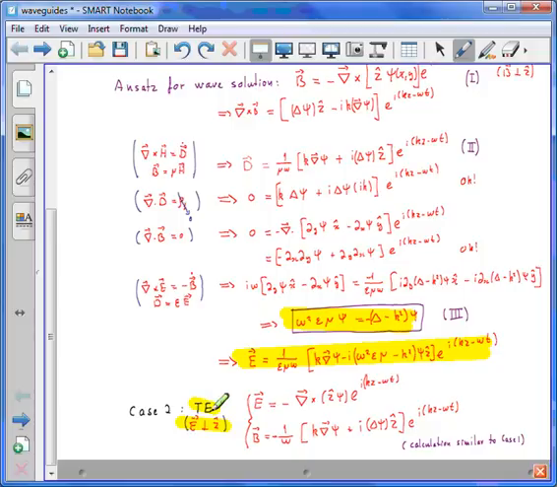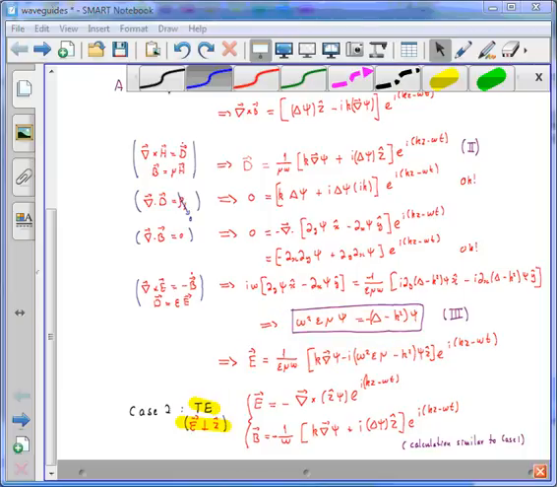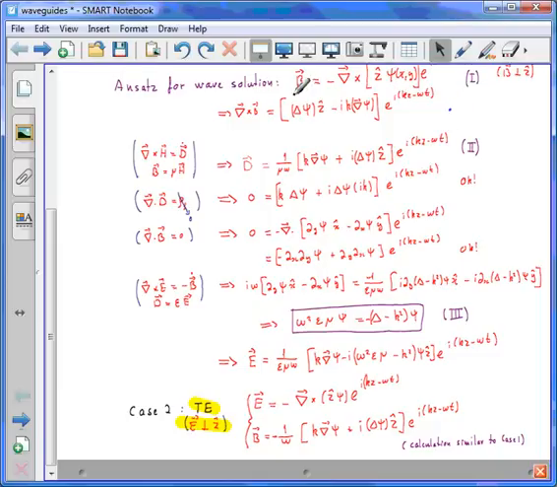We can do something which is very similar to the transverse magnetic case. The only difference in this case is that instead of using B as a curl of this function psi, we have to define E as the curl of that function psi.